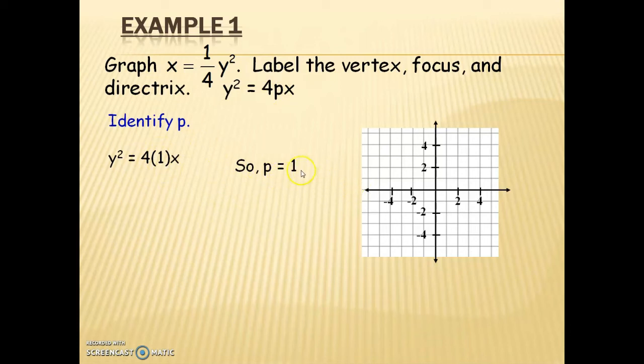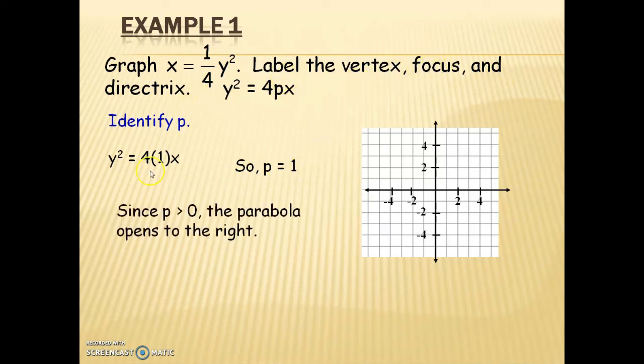So we will label the vertex, focus, and the directrix. Since p is greater than 0, or positive, which is 1, the parabola opens to the right. So we know the vertex is at the origin, and to the right of the vertex we will find the focus, which is 1 unit away from the vertex and located at (1, 0).